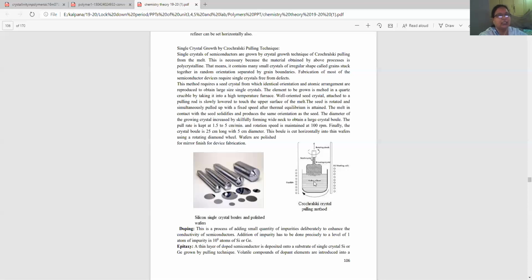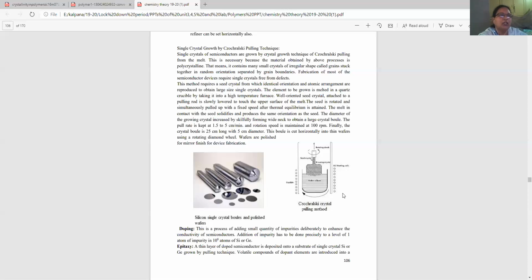Here we have the single silicon crystal boules and polished wafers. So this is how we prepare a single crystal of silicon using this Czochralski crystal pulling technique. Usually it is named as Czochralski crystal pulling technique.